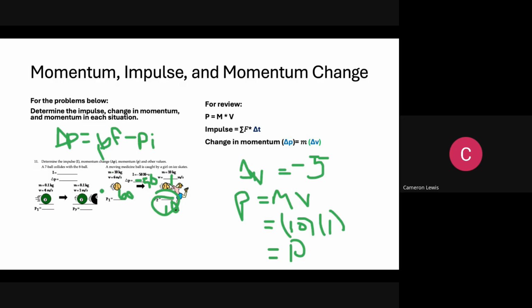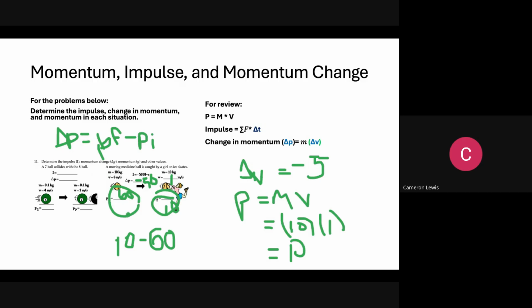What was our initial momentum? The initial momentum, we had to find it, remember? 10 times 6, which is how much? 60. And then we did the final, which was 10 times 1, which is how much? 10.